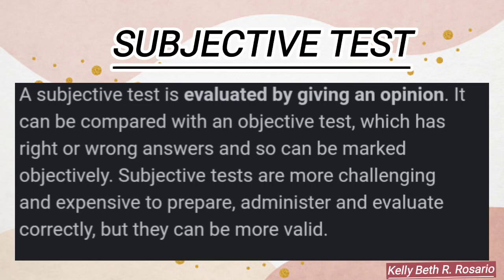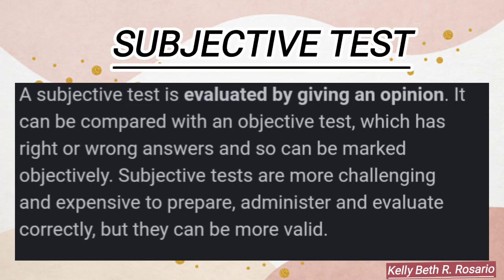And the second type of test to measure process, knowledge, and understanding is called subjective test. A subjective test is evaluated by giving an opinion. It can be compared with an objective test, which has right or wrong answers and so can be marked objectively.